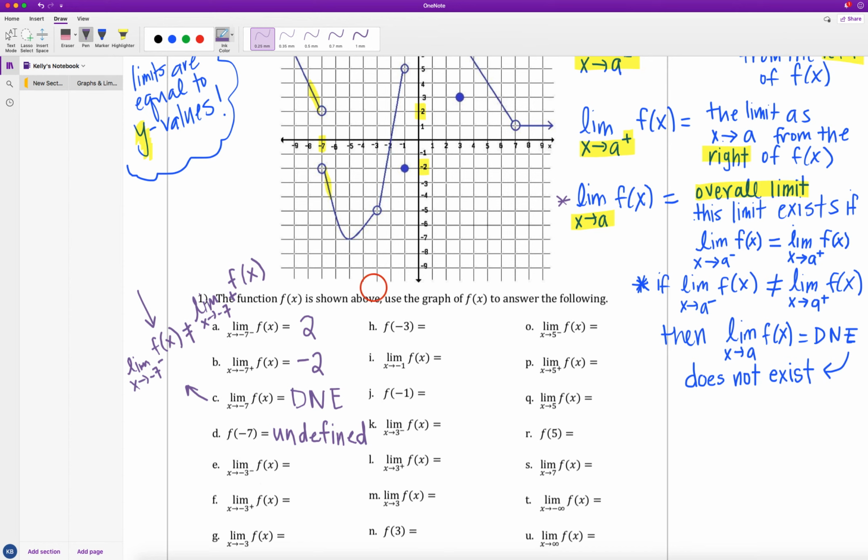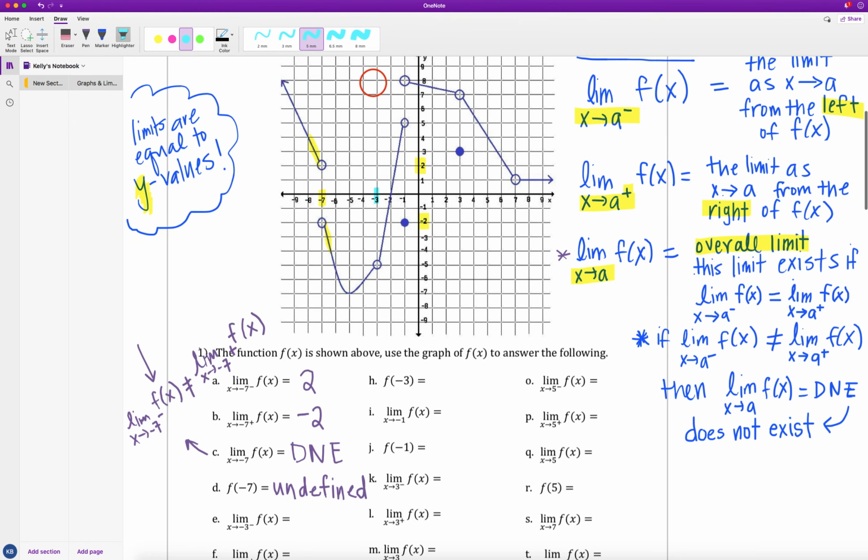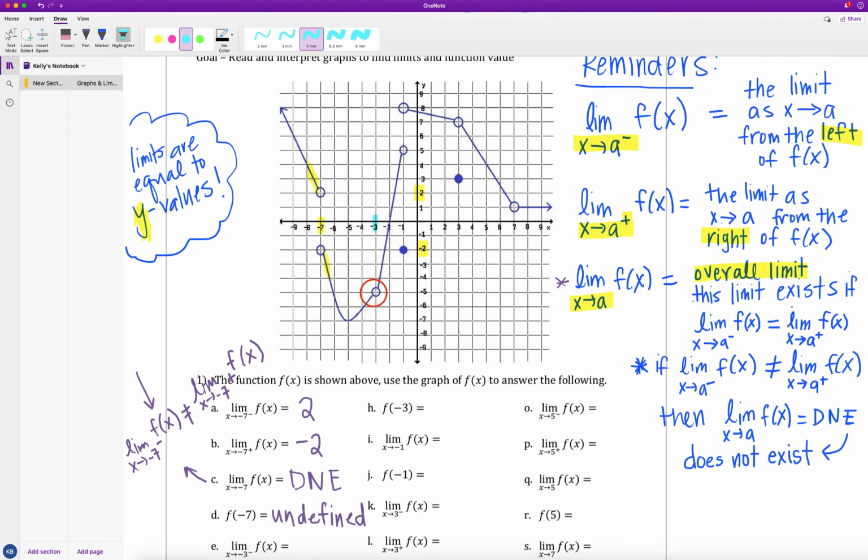So if we go back up to this graph, I'm going to go back to our highlighter so we can see it, and why don't we do it in blue this time? So at -3 here, what I'm looking for is on this graph, where am I approaching in from the left-hand side? So if we scroll up to see the entire graph, we can tell that the only piece that's happening at -3 is this area right here.